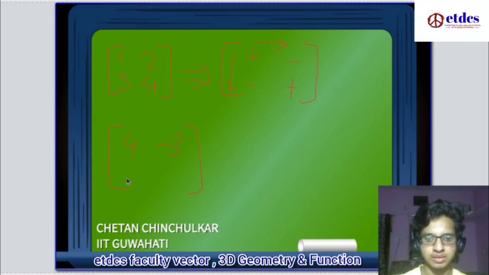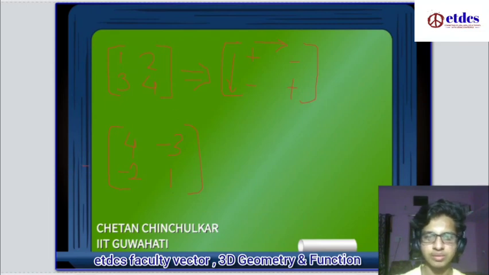Then second row, first column, we are left with 2 and a negative sign, so minus 2. And the last one, second row, second column, we are left with 1 and the sign is positive, so 1.